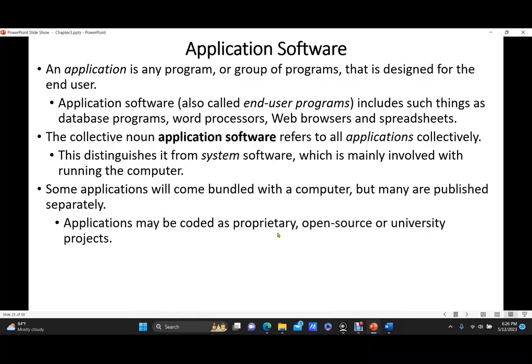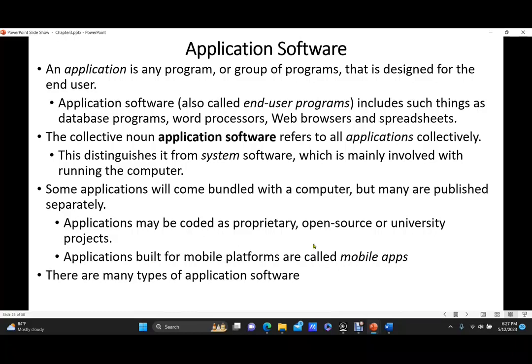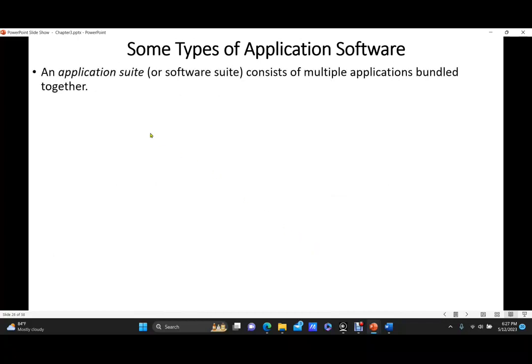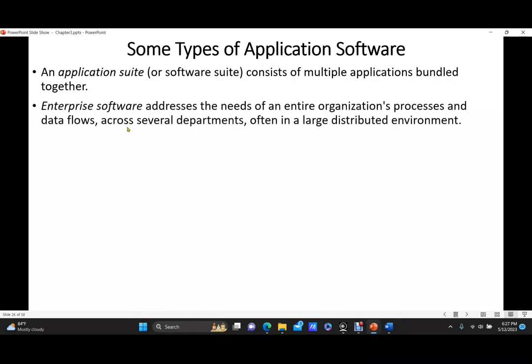Applications come as proprietary applications, as open source applications, as university projects. Applications that are designed for mobile platforms are called mobile apps. There are lots of different kinds of application software. An application suite or software suite consists of a bunch of applications bundled together.